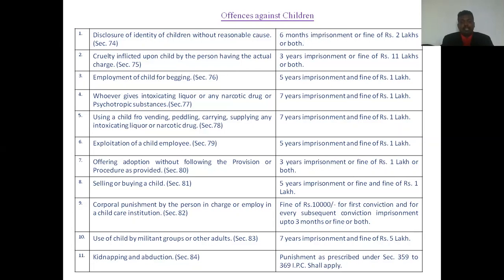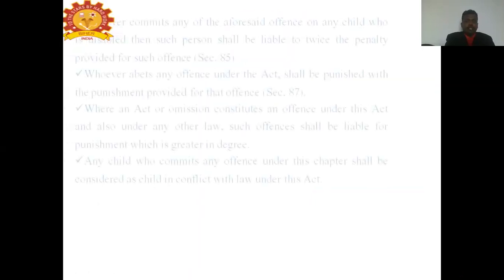Section 84 talks about that. The punishment as prescribed under sections 359 to 369 IPC shall apply. Indian Penal Code 359 to 369 can also apply in this crime. So these are very important ones.